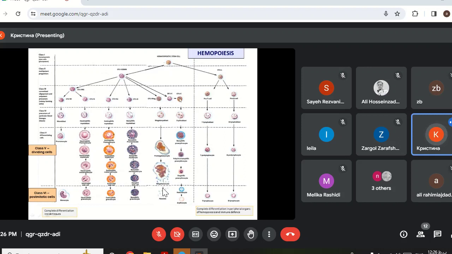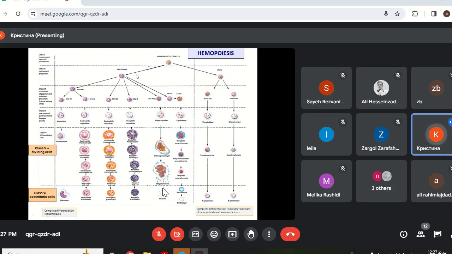it becomes unipotent precursor of erythrocytes, and during this development in these three stages, all that happens inside nucleus. Inside nucleus, some genes are blocked.